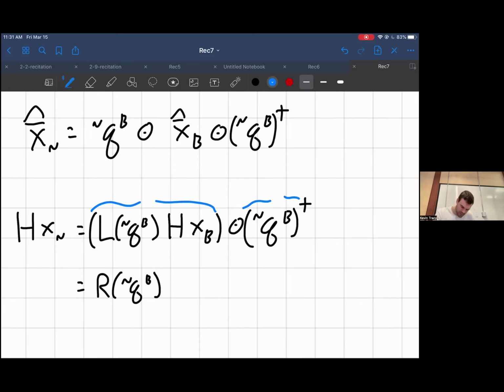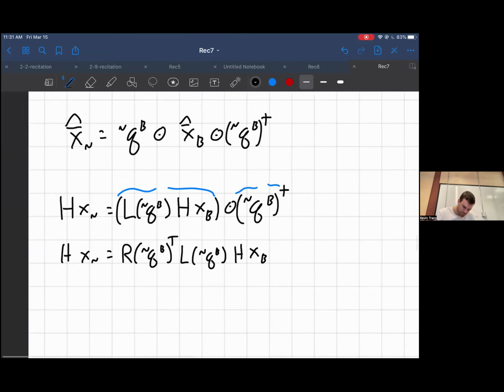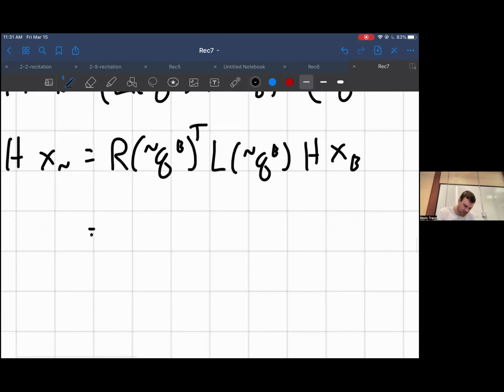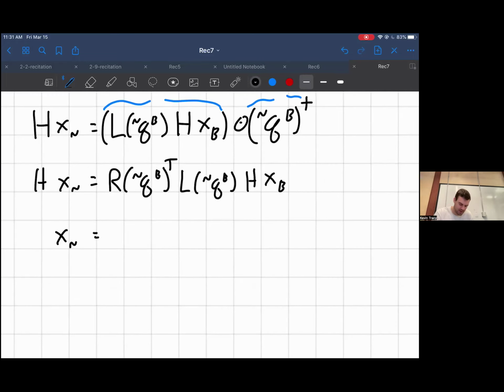So R of this times L, then I can bring this H over on the other side, because H is that weird matrix where it's just zeros and identity, so I can just do H transpose on each side, effectively invert it.